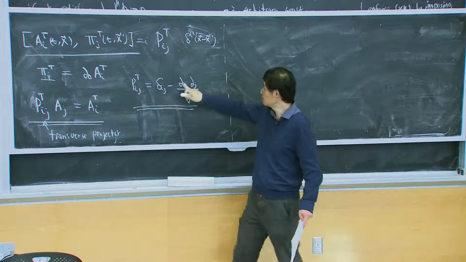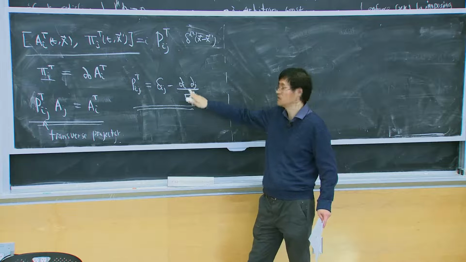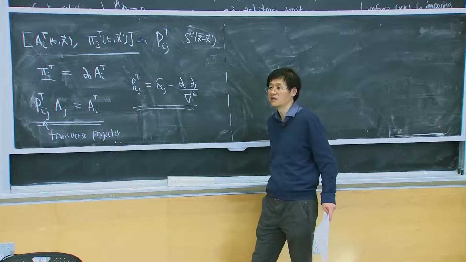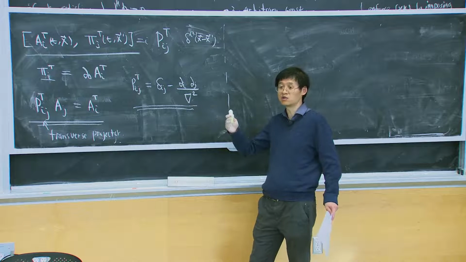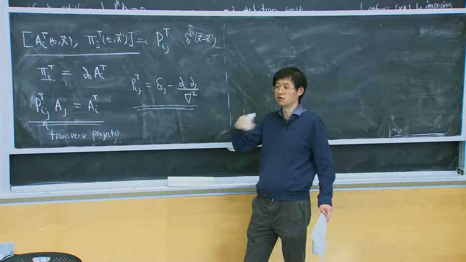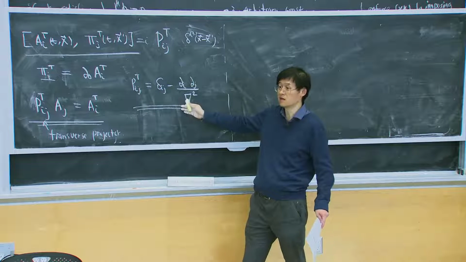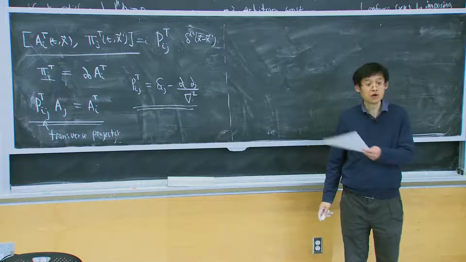Going to momentum space, the partial derivatives just become k_i and k_j, and the Laplacian just becomes k squared. So this is just k_i times k_j divided by k squared. The coordinate space definition just corresponds to the Fourier transform of the momentum space expression. Just formally write it as this. Good. Any questions on this?